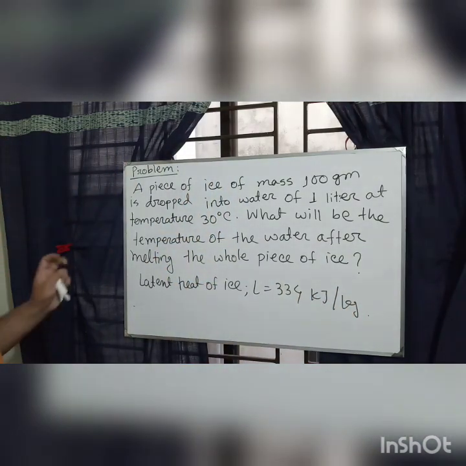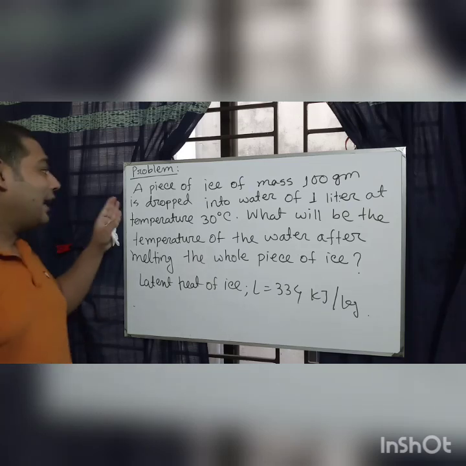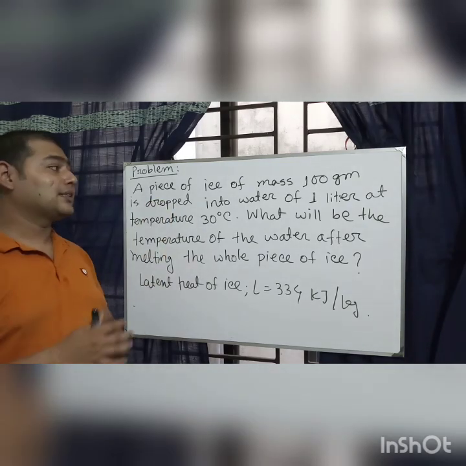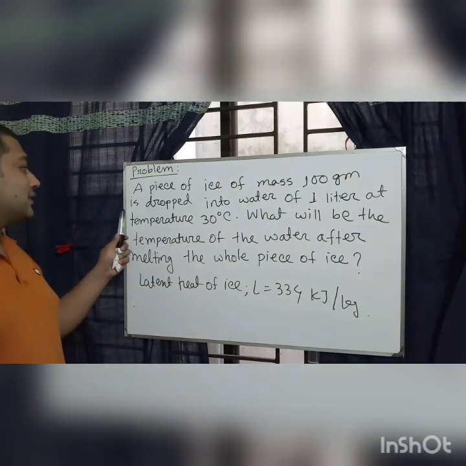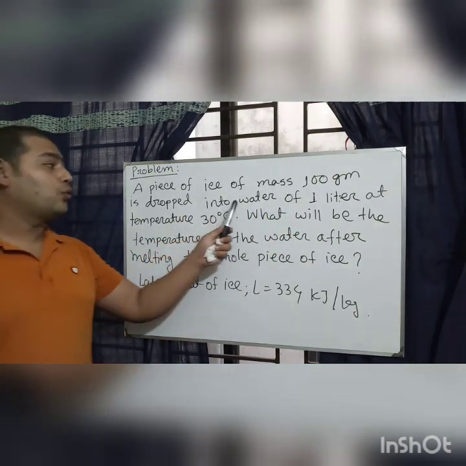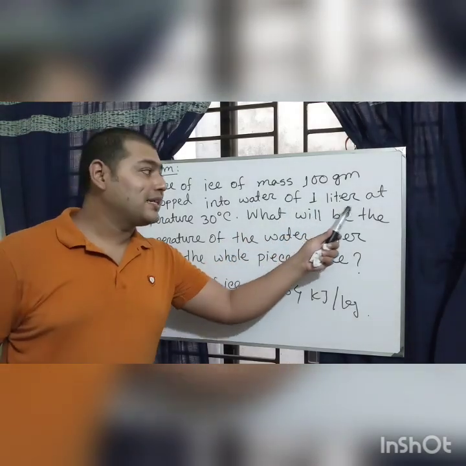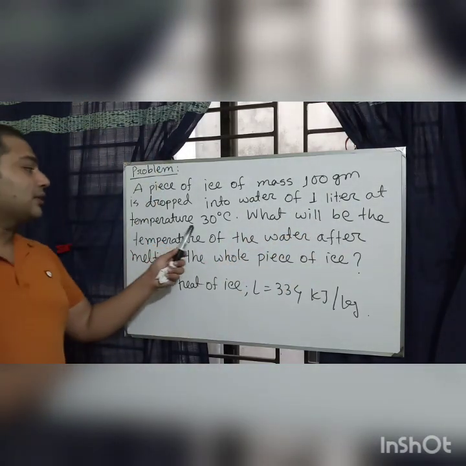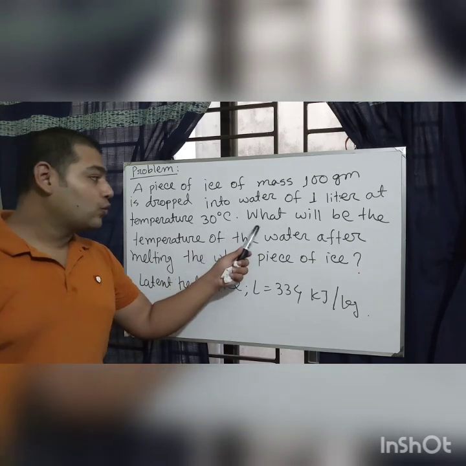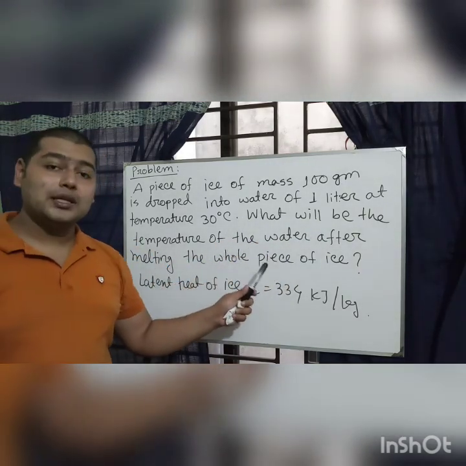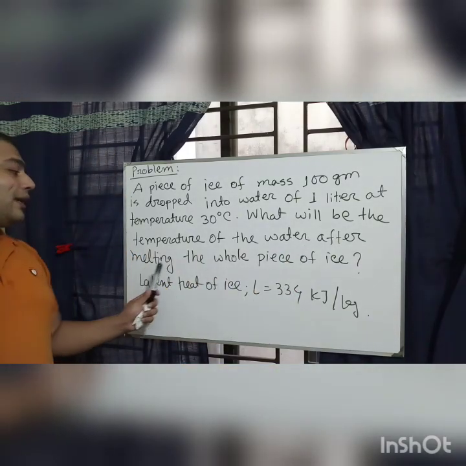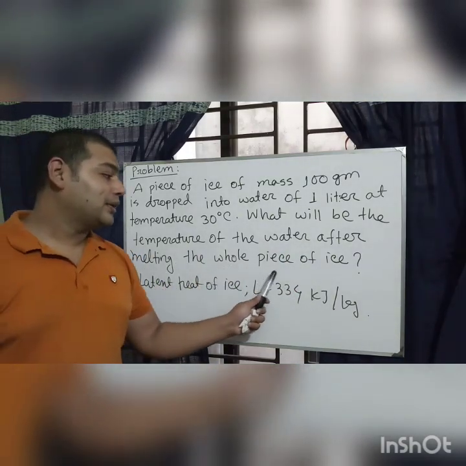So our mathematical problem is: a piece of ice of mass 100 gram is dropped into water of 1 liter at temperature 30 degrees Celsius. What will be the temperature of the water after melting the whole piece of ice?